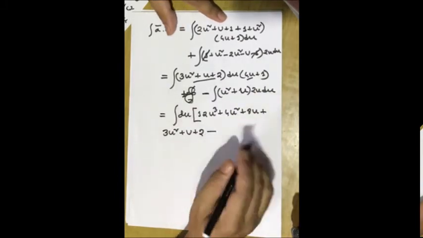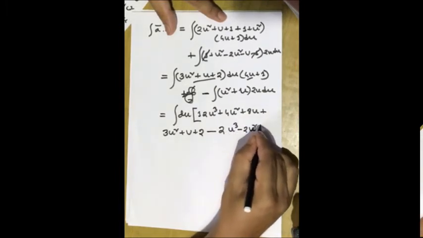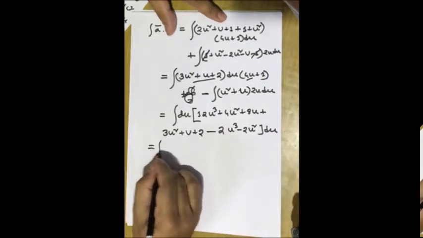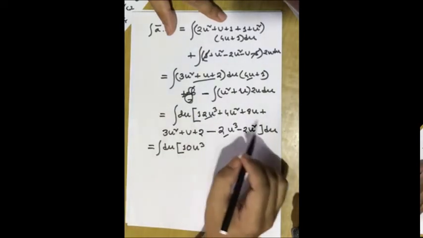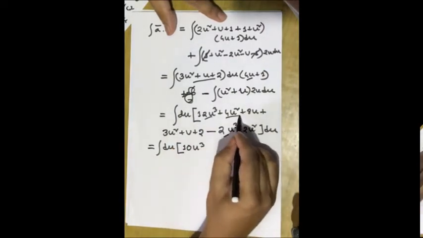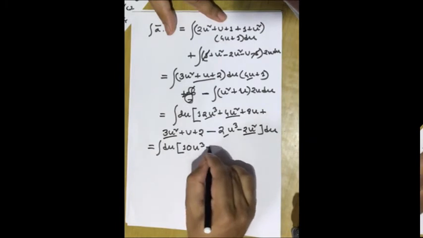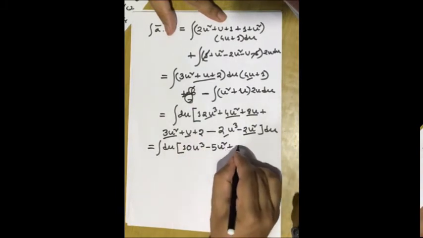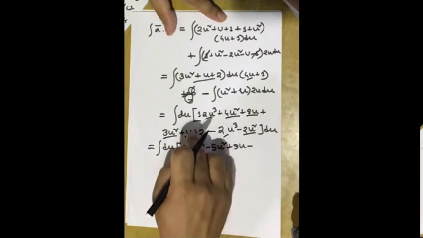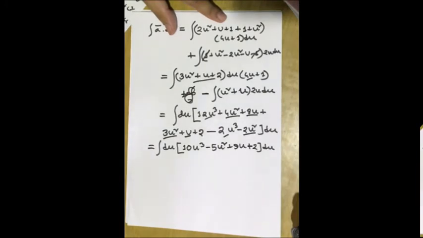So this will be minus 2u³ minus 2u² into du. So finally what we will get: you see 12u³ minus 2u³ is 10u³. Now 4u² plus 3u² is 7u², but this is minus, so minus 2u² gives 5u². Okay, now 8u plus u is 9u, and this is plus 2, into du. So this is our final expression.